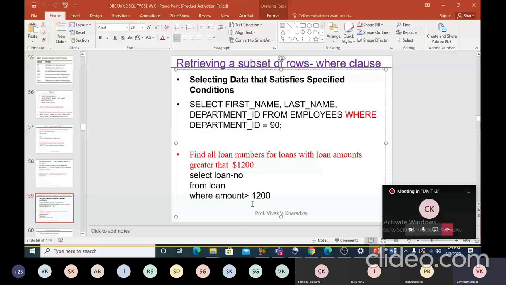Whenever any query is given to you, the first approach, according to the requirement, is to find out which table satisfies the requirement given in the query. So you first think about the from clause. Second, think about whether there is any condition given in the requirement.